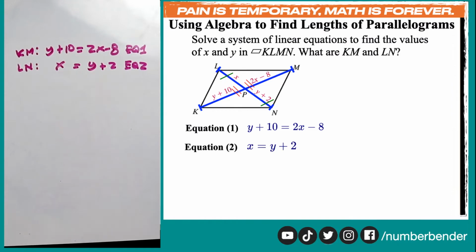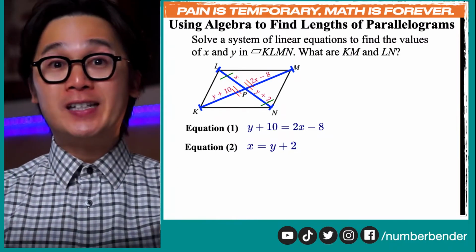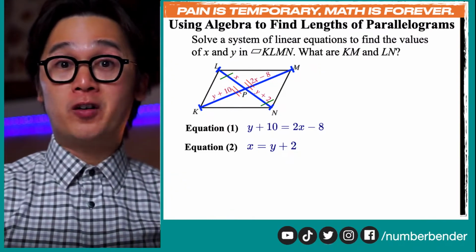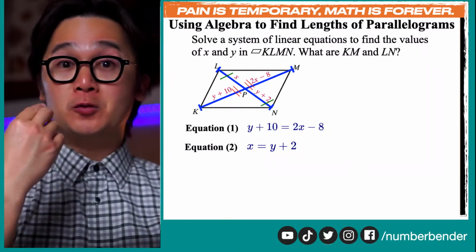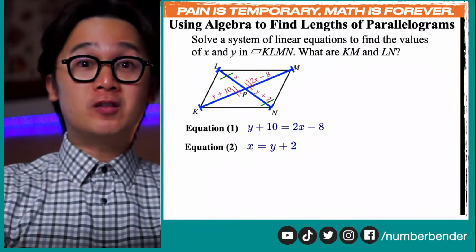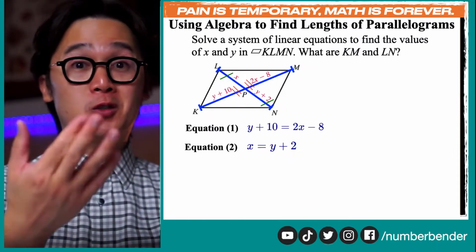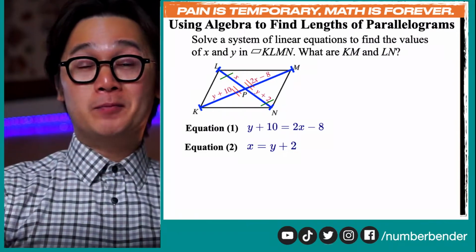And by having these equations, what we can do now is use a system of linear equations to solve for our variables. We can use the elimination method, we can use the substitution method. If you want to convert this into a matrix, Cramer's rule is also a viable option.